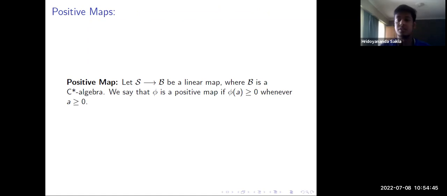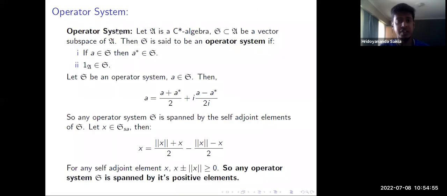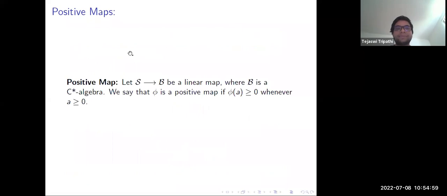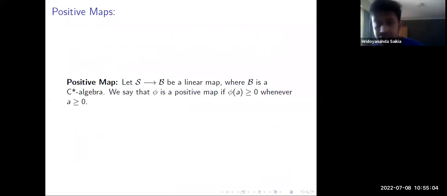No, they are not necessarily, because it doesn't say anything about multiplicative structure. But we can still require that phi of A star is phi of A star. That property will hold for any positive map.